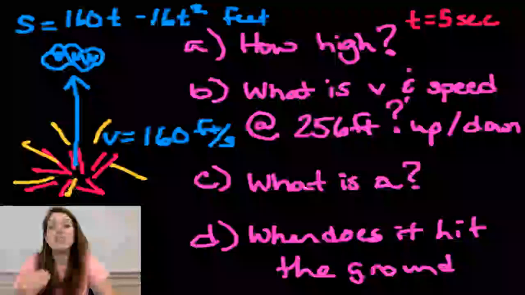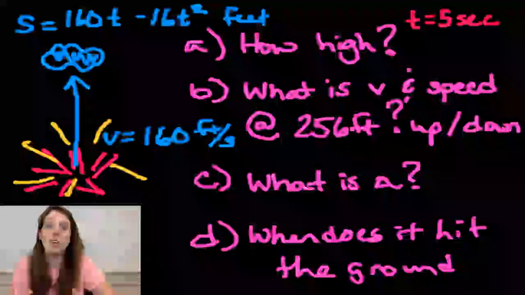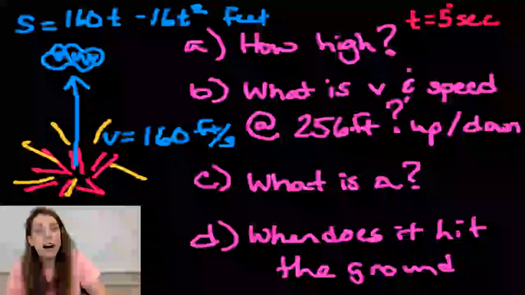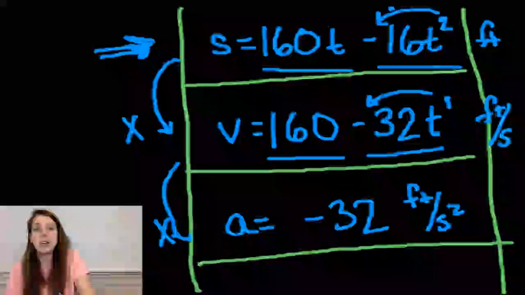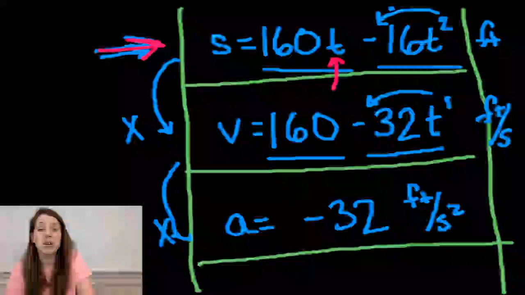They're asking us, what is the position? How high does it actually get? And in order to solve that, we do need to go back to the position equation. But now we have the information we need. It requires that we plug in a value for t, and we now know that value is 5.